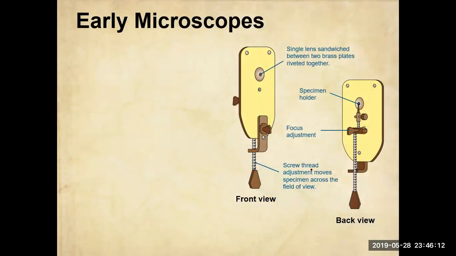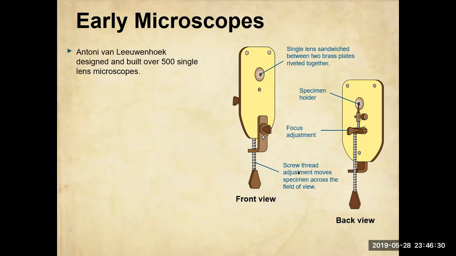Early microscopes had some specific structures like the single lens, specimen holder, a place for focusing and adjustment, and the screw thread. Anthony van Leeuwenhoek designed and built over 500 single-lens microscopes.